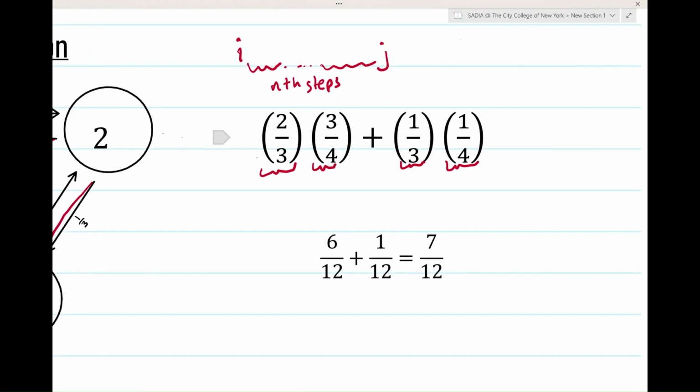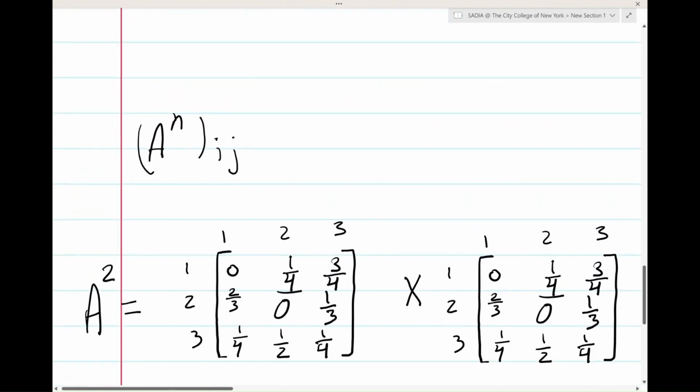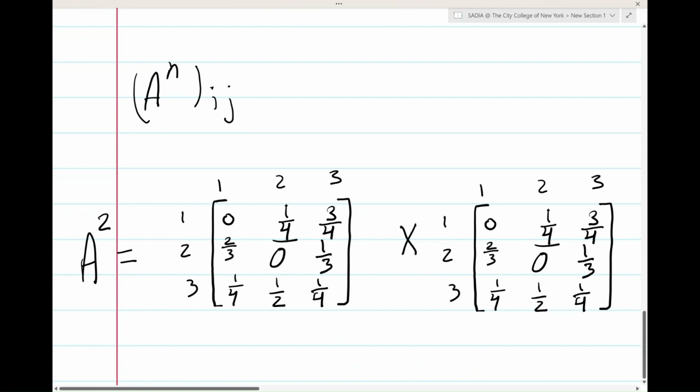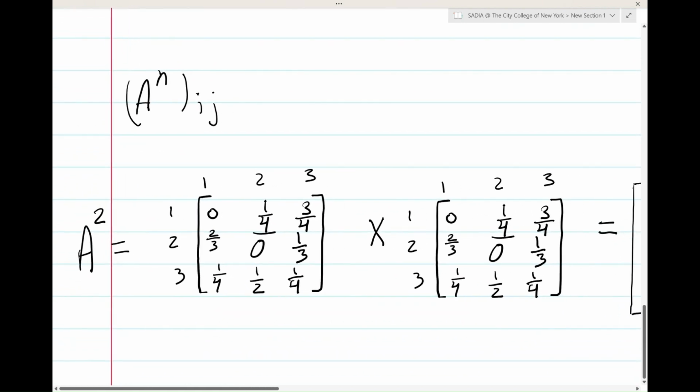Another way we can do this is through matrix multiplication. If you multiply a transition matrix A, or any matrix in general, by itself n times, you can find the probability of going from state I to state J in n steps, which is represented by this notation right here.